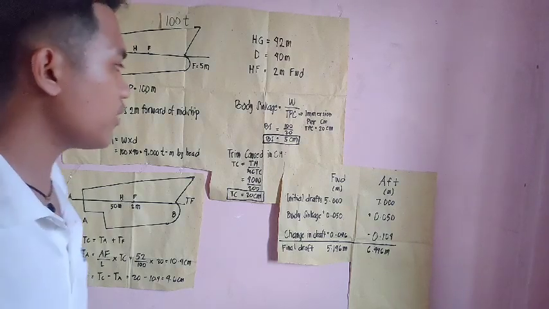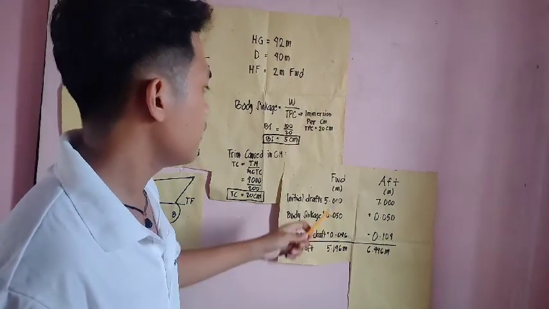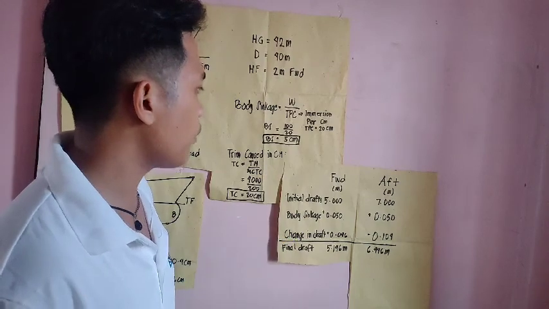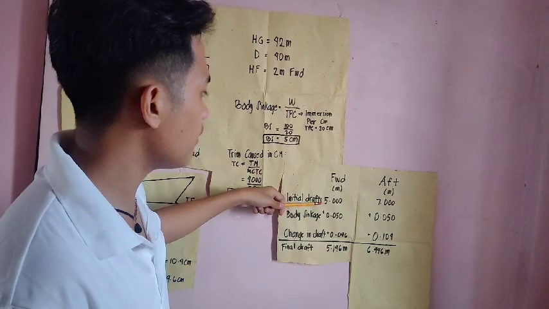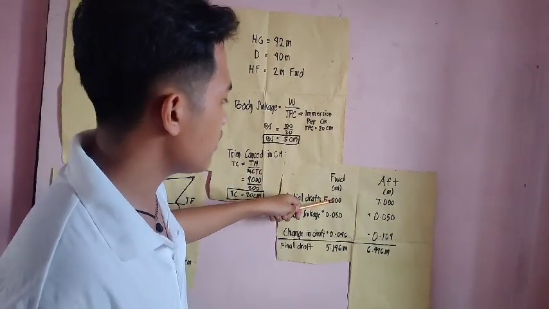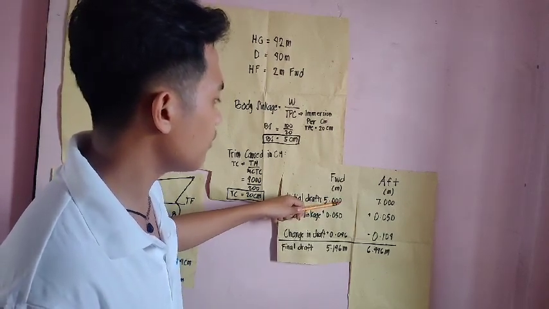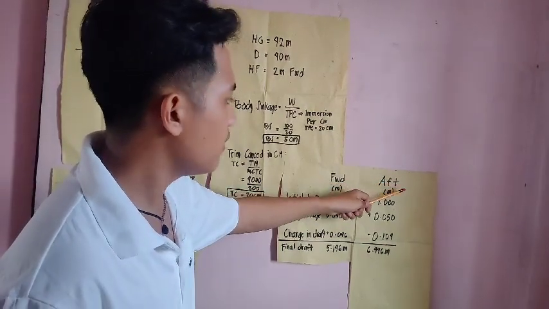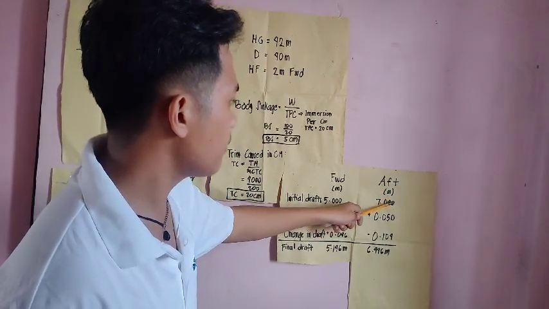And now we're going to get our final draft. Our final draft contains the initial drafts, bodily sinkage, and the change in draft. Our initial draft in the forward direction is 5, so I'll just put 5.000 over here, and then also in here the aft draft, which is 7.000.